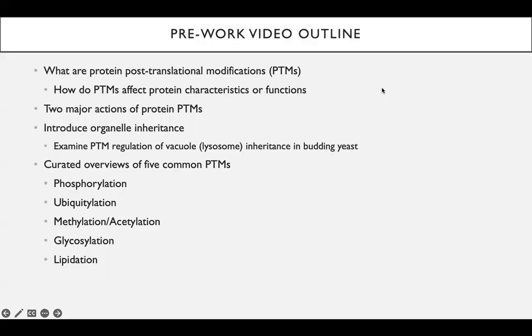Okay, so a quick outline of what's going to be covered in this pre-work video. We'll just start with a definition of protein post-translational modifications. And since that's a lot for me to say over and over again, you'll often hear me shorten that down to just PTMs.